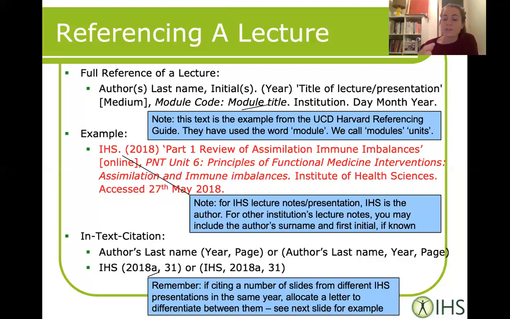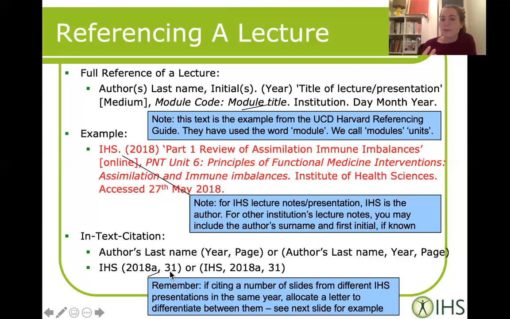We do, because throughout this year, you're going to cite the IHS PowerPoints a lot. They're heavily referenced and they're a really good resource for you. When you're doing case studies or elements of a report, you can use the information in the IHS PowerPoints. Because you might use it a number of times, we ask you to put the page numbers in so we can see where you've gotten the information from.